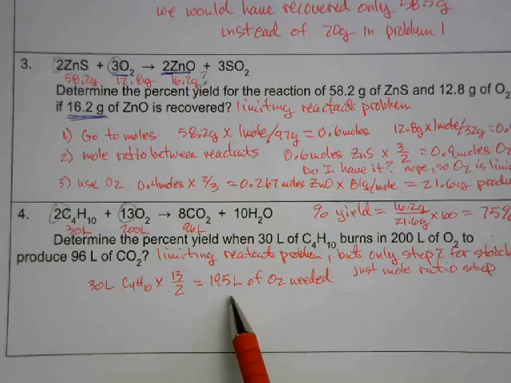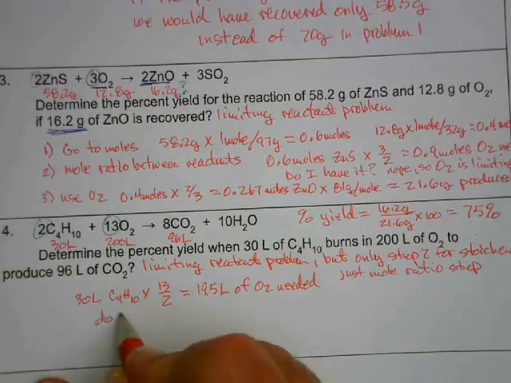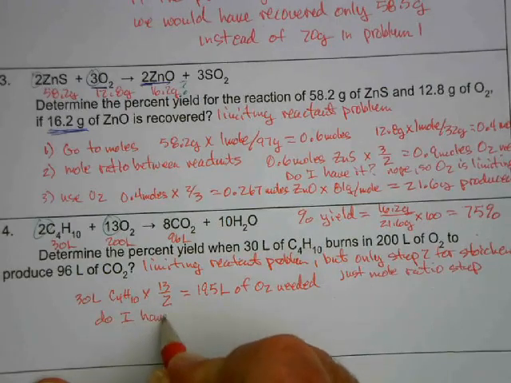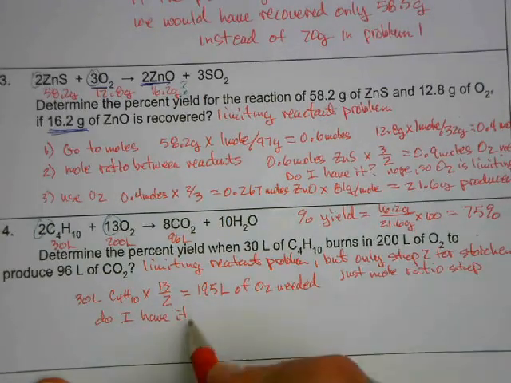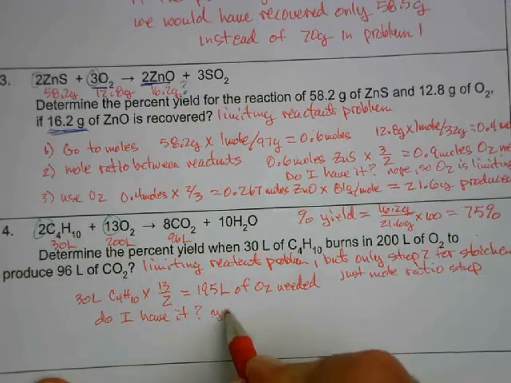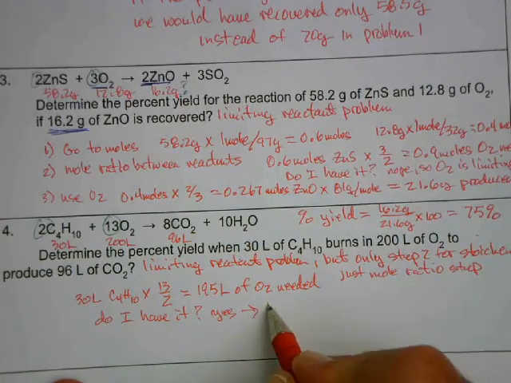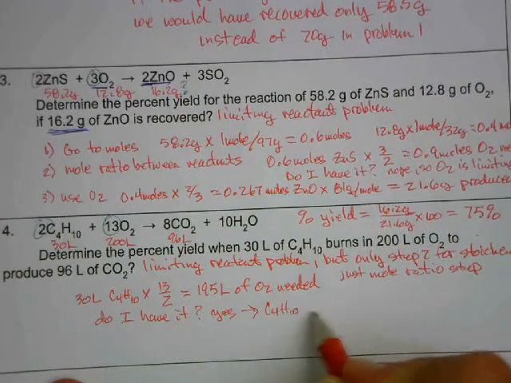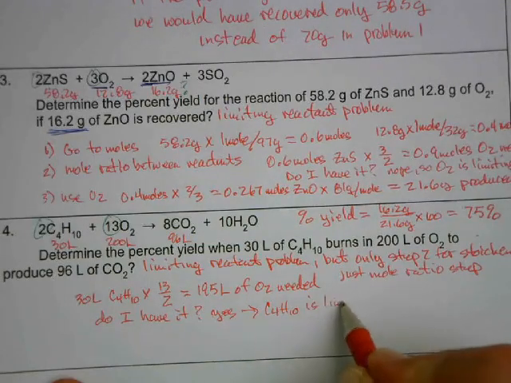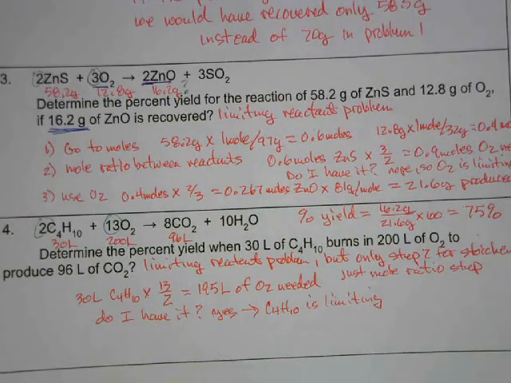Okay? So, do I have it? Well, I got 200. So, yes. Therefore, the C4H10 is limiting. When I have enough, then the other one is limiting. When I don't have enough, as I did in the earlier problem, then that's the limiting one.